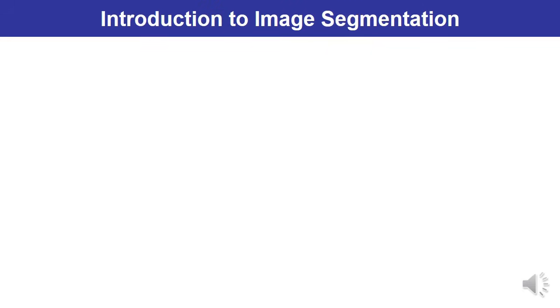Let us begin. If you have to understand image segmentation, then let me give you a very basic example. Suppose you have an image, a picture where there is a flower, car, camera or mobile phone, etc. So various objects are available in that particular image.